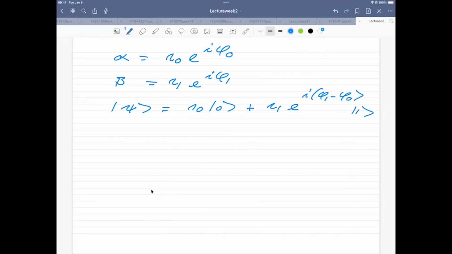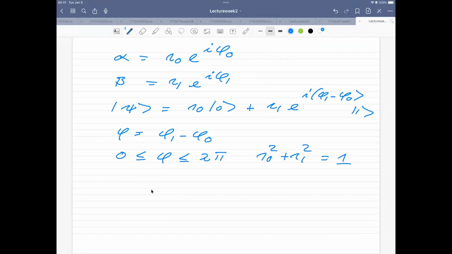And then we can rewrite that in terms of an angle phi, which we simply define as phi 1 minus phi 0, where we would then have the constraint that this goes from 0 to 2 pi. And also that R0 squared plus R1 squared is equal to 1.